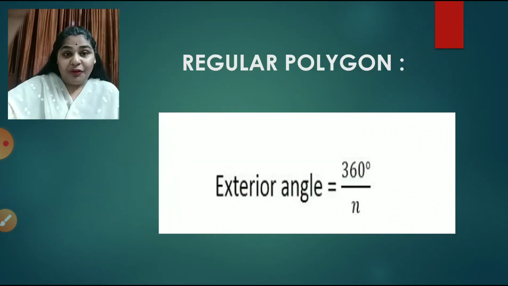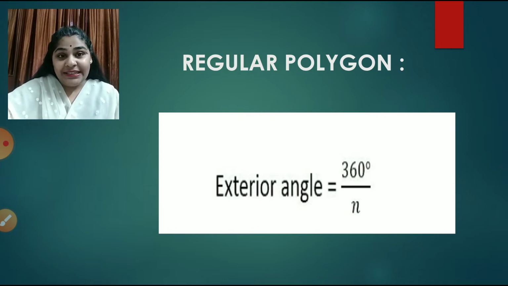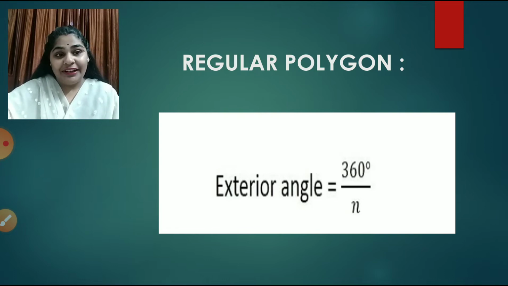One more, as a formula you can remember this, children, but very important, this is only for the regular polygon. Why I am telling this is, in the next exercise you will have maximum sums on the regular polygon, so it will be very useful. If you have to find the exterior angle of a regular polygon, then that will be equal to 360 degrees whole divided by n.